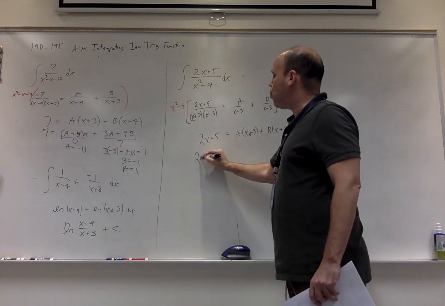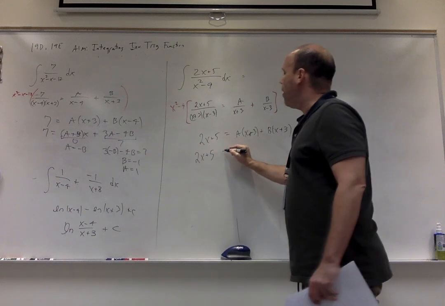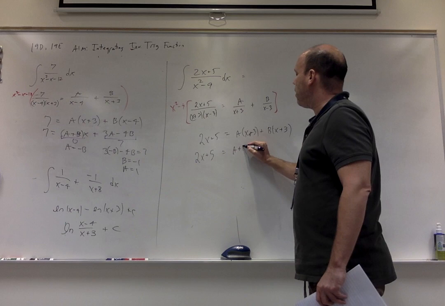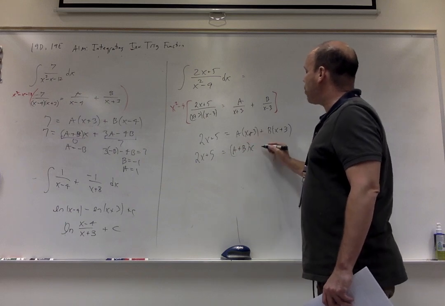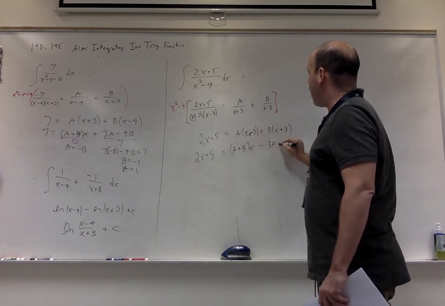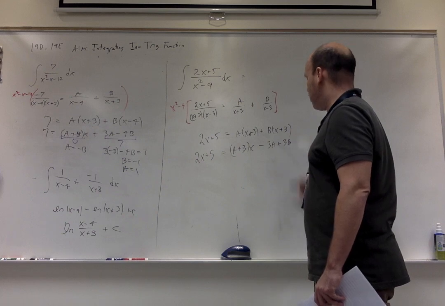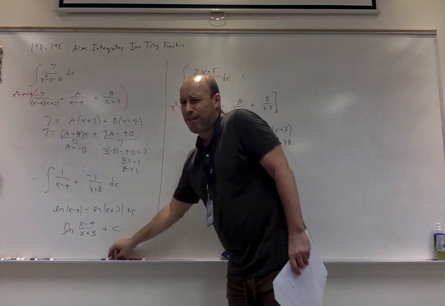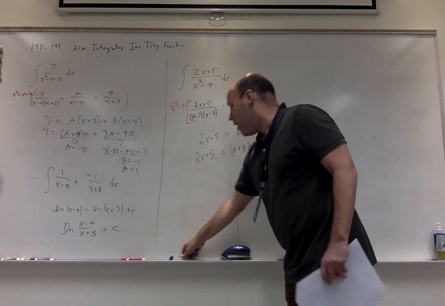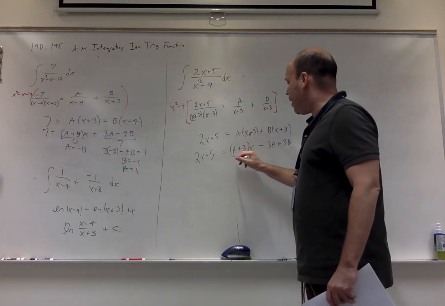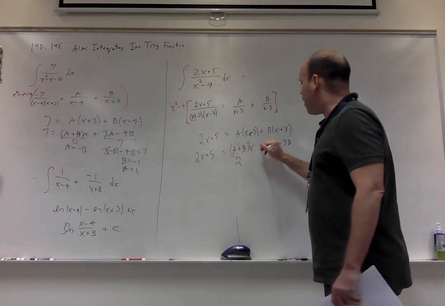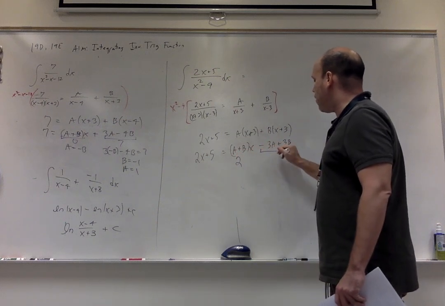So I have 2x plus 5 is equal to a plus b times x minus 3a plus 3b. And what's different now, it's not a big deal, is that we know that a plus b equals 2, and negative 3a plus 3b equals 5.